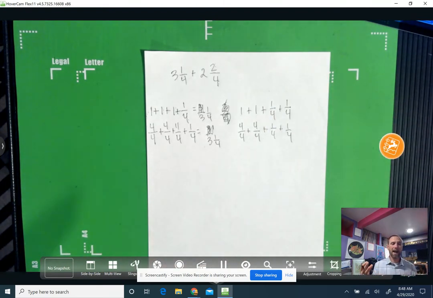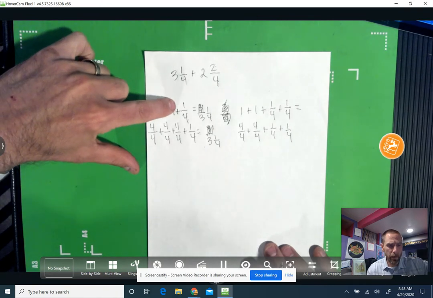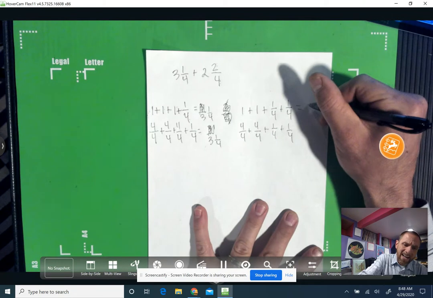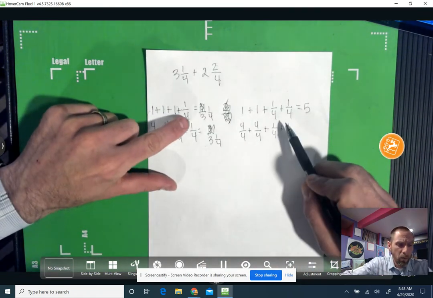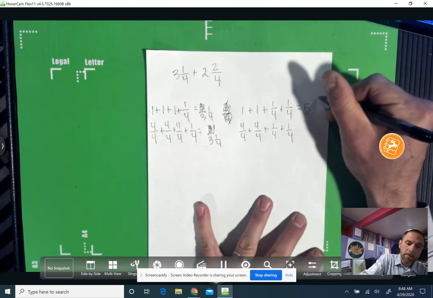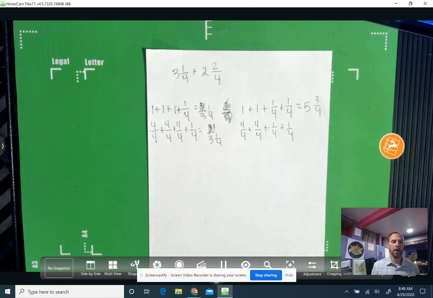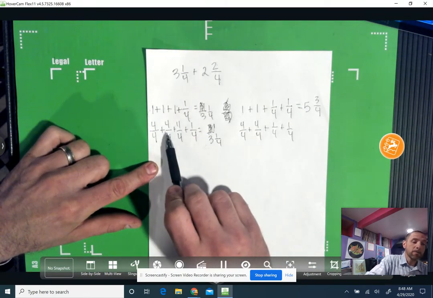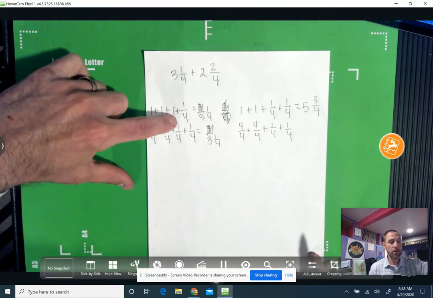Now if we add all of those up, you have 1, 2, 3 whole numbers plus 1, 2 more whole numbers. That is your 5. And then we add our 1/4 and our 1/4 and our 1/4. That gives us 3/4. Also we could add 4/4 plus 4/4 plus 4/4 plus 1/4. 4 plus 4 plus 4 is 12.